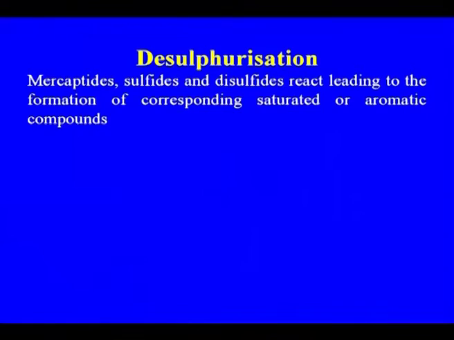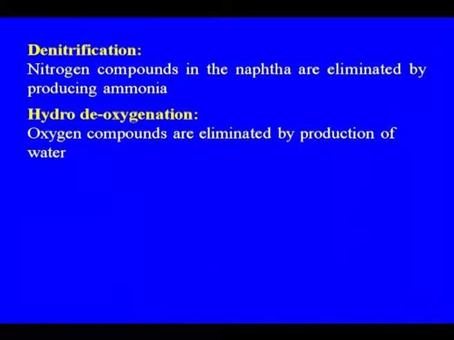This is about the desulfurization already discussed. The sulfur mercaptides, sulfides and disulfides react leading to the formation of the corresponding saturated or aromatic compounds. This is the reaction that is taking place. Denitrification: nitrogen compounds in the naphtha are eliminated by producing ammonia.